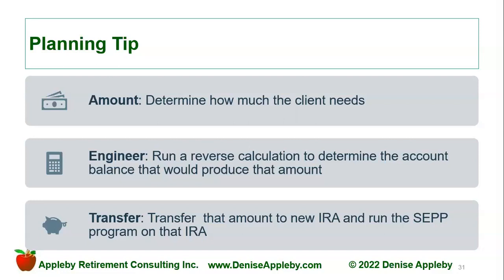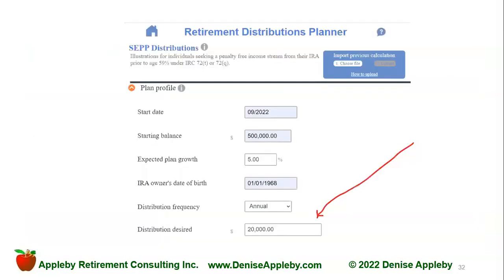Once you have determined that amount, you transfer it to a separate IRA and run the 72T program on that IRA. For instance, on the screen here, you'll see that the desired distribution amount is $20,000 per year. This client has $500,000, but they want $20,000 per year.